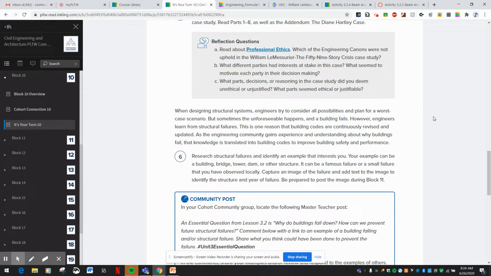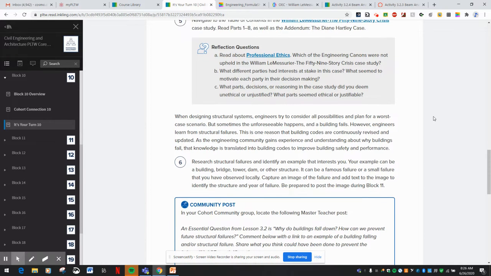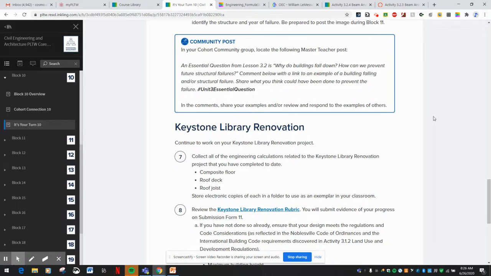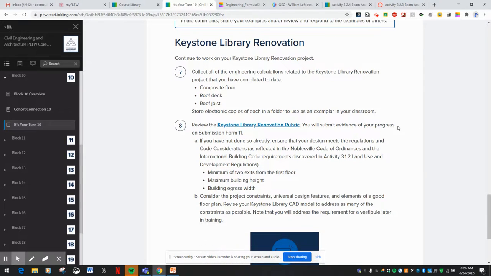So we'll read that, and you'll be able to answer the essential question 3.2, why do buildings fall down? How can we prevent future structural failures and such? And then, as far as the Keystone Library renovation, a rubric, you should go through that.